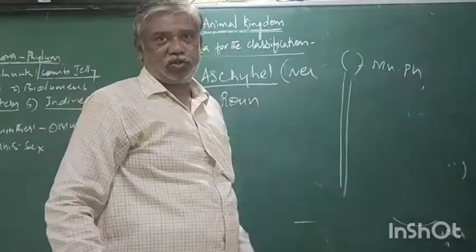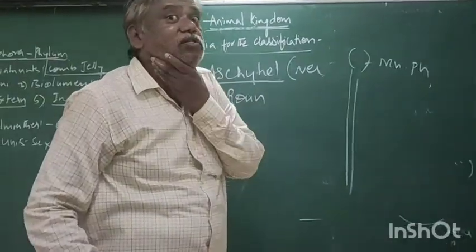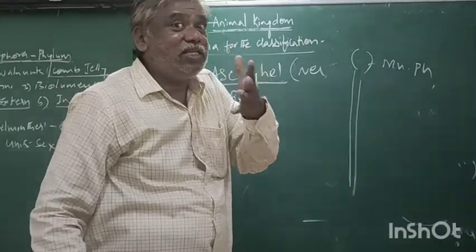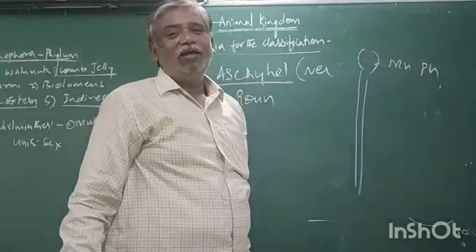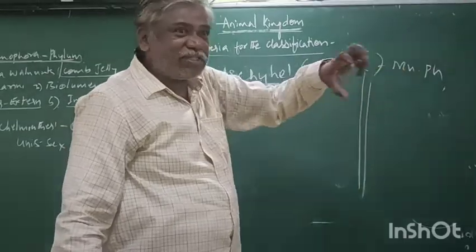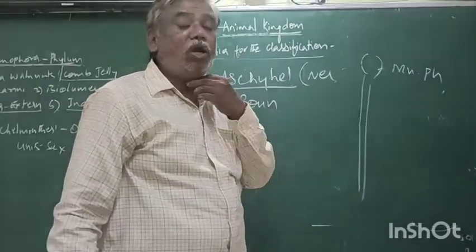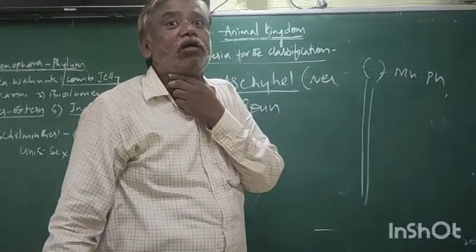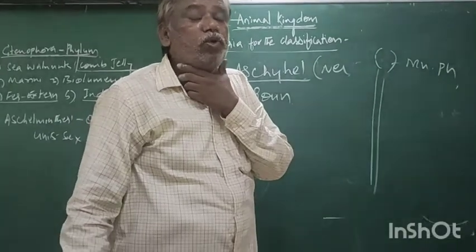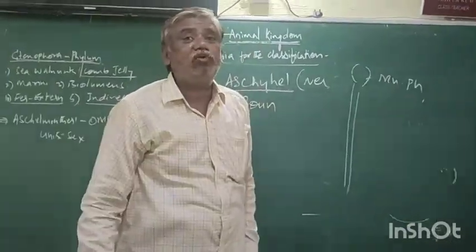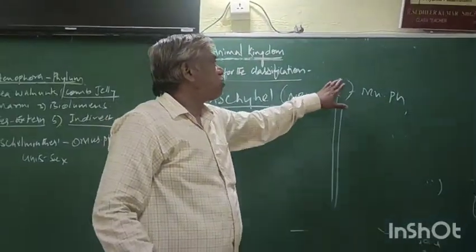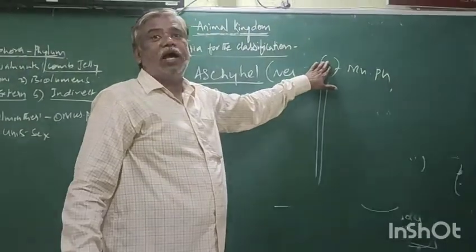The pharynx is also muscular, but this nature first appeared in Aschelminthes, which helps in sucking. This pharynx helps in swallowing. Without pharynx, you cannot swallow the food. This nature is present first in Aschelminthes.